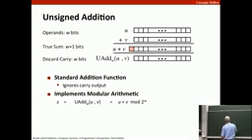So if you think about the unsigned case, a 4-bit number will range between 0 and 2 to the 4th minus 1, or 15, right? Let's just do a few examples of cases where it overflows.